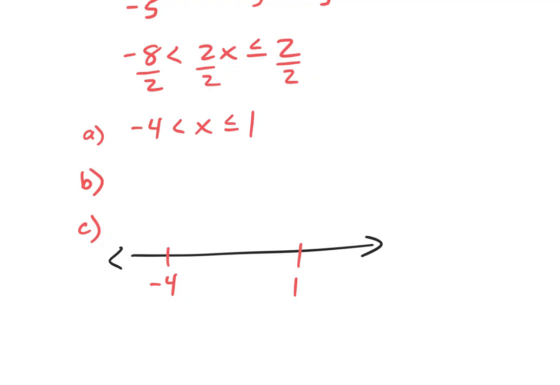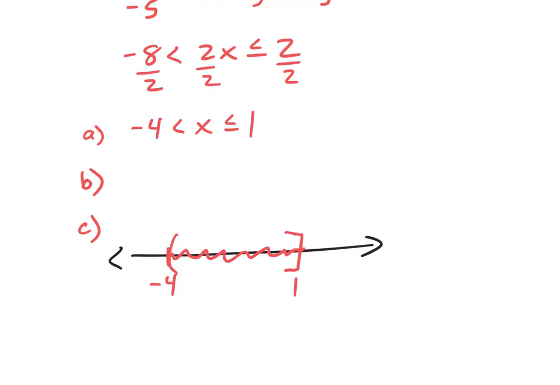So that means because there is not an equal to here, it's going to be a parenthesis. 1 is going to be a bracket because it has an equal to sign. And we're shading everything in between.